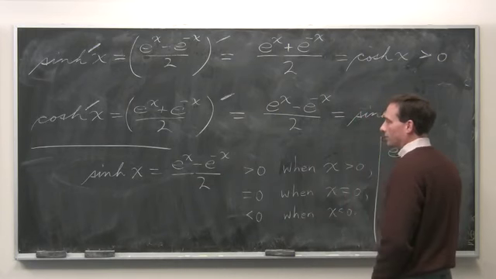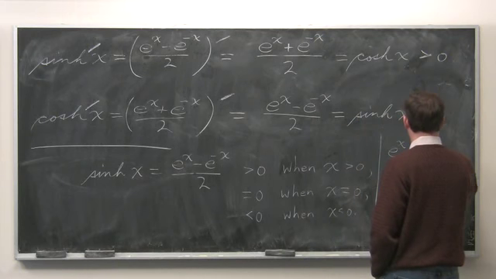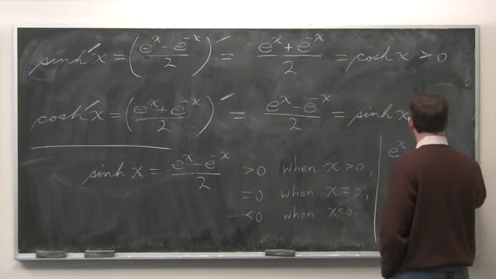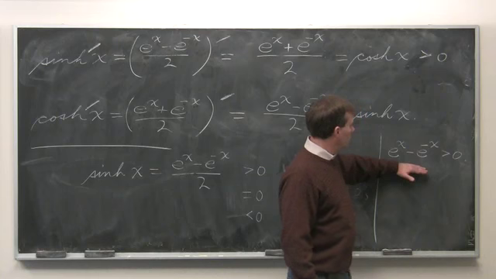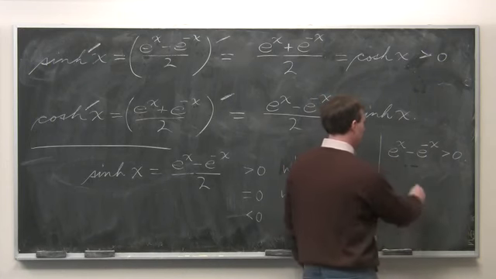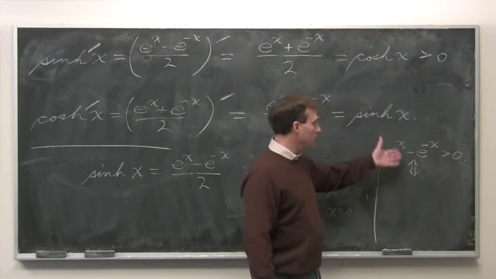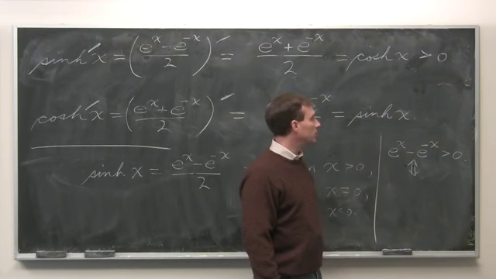How do you see that e to the x minus e to the negative x is greater than 0 when x is greater than 0? I'll do a bunch of if and only ifs. So when is this true? Well, that would be if and only if I can multiply this inequality by anything positive and it won't change the inequality.